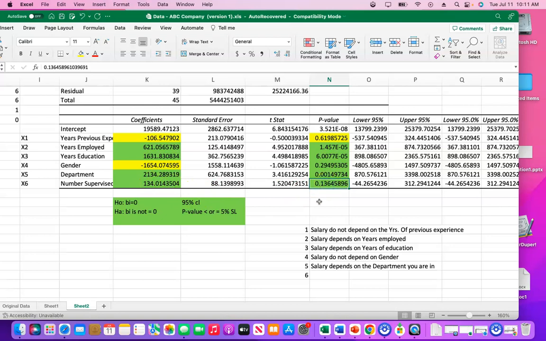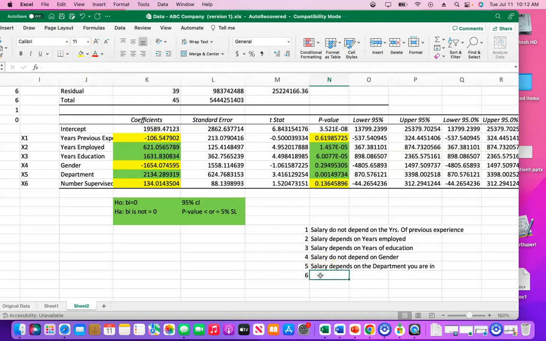So here you can see that the probability value is 0.14, meaning that it is greater than the 0.05 significance level. And in that case, we will not be able to reject the null hypothesis. And therefore, we will say that this slope is equal to 0. It's not different from 0. And therefore, I will highlight this.